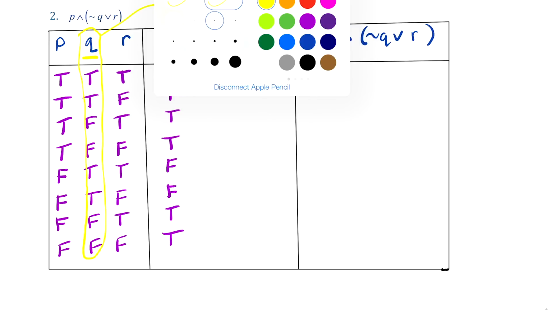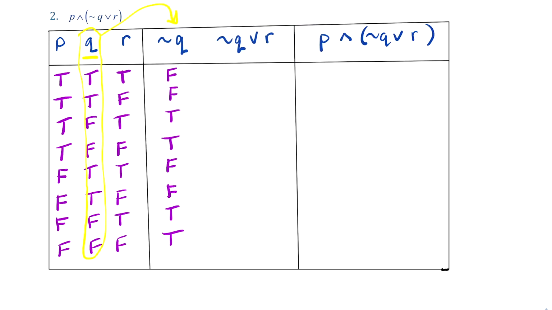Groovy? Alrighty. So now, moving over to the disjunction of not Q and R would be what? Good. You get a true statement all the time except for when both of the statement variables are false.